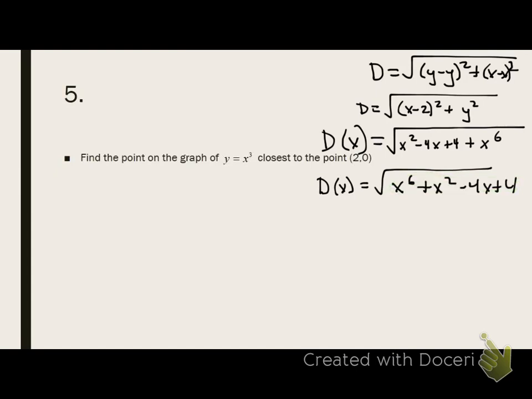Okay? So d prime of x, don't worry about the radical, would be 6x to the 5th plus 2x minus 4. Everybody follow me? We're going to set that equal to 0.